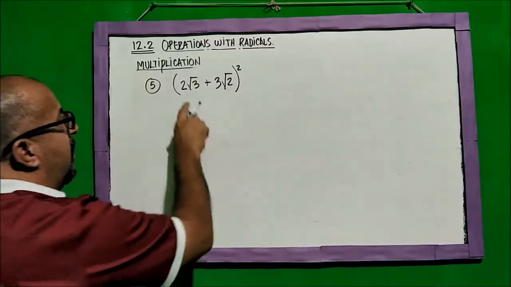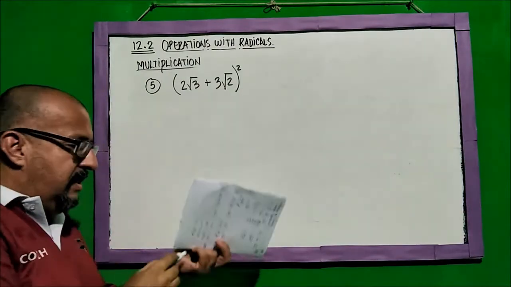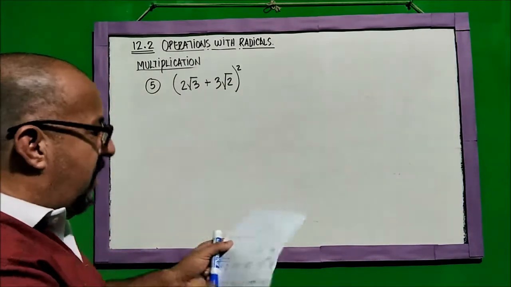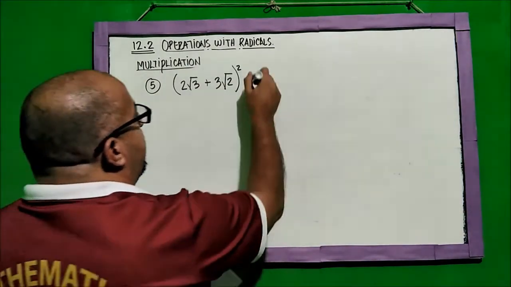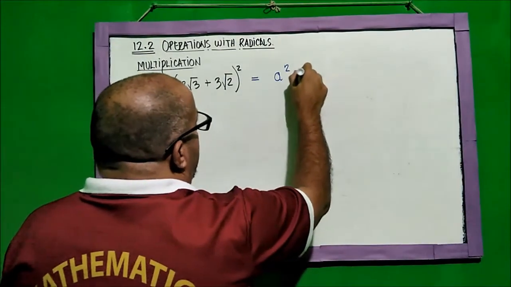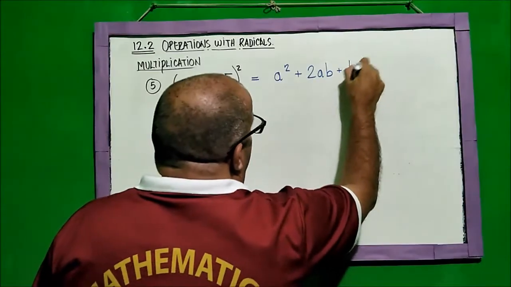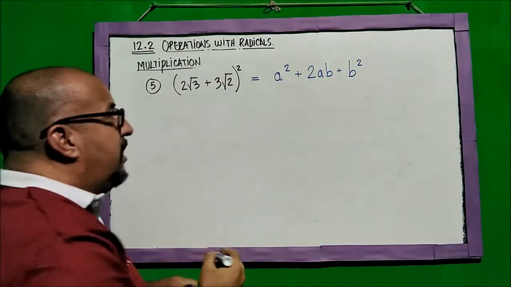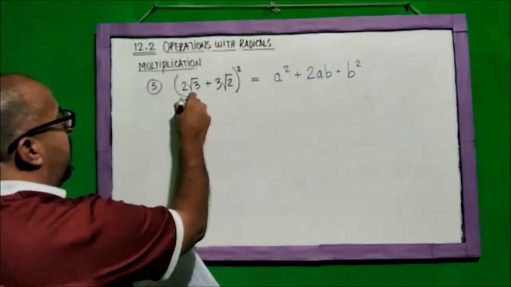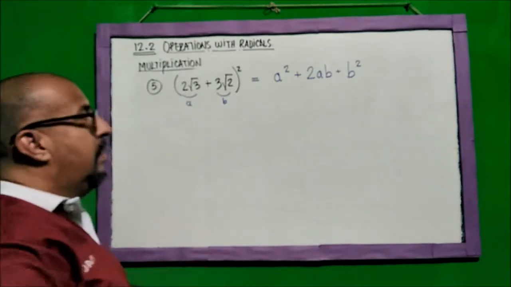So if you see here, what we have is a plus b to the second power. That means the square of a binomial. And the square of a binomial can be simplified by using this pattern: a squared plus 2ab plus b squared. Identifying that this element will be a and this element will be letter b.